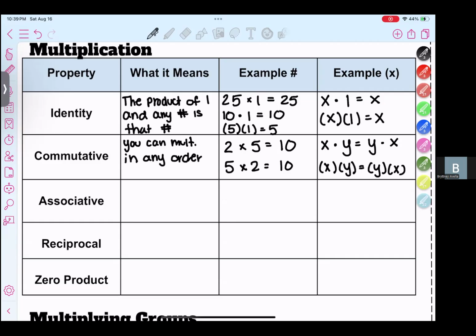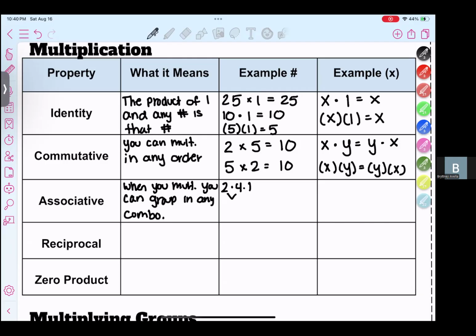Our associative property also means the same thing with multiplication as it did with addition. So when you multiply, you can group in any combination. So if I have 2 times 4 times 6, and I do 2 times 4 first. Actually, let's do 2 times 4 times 1. Let's make it a bit easier.